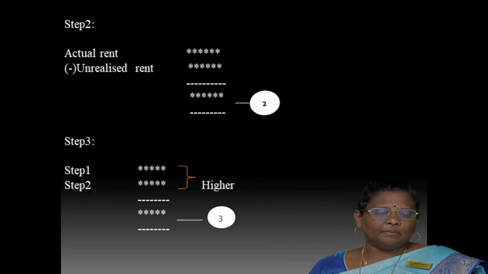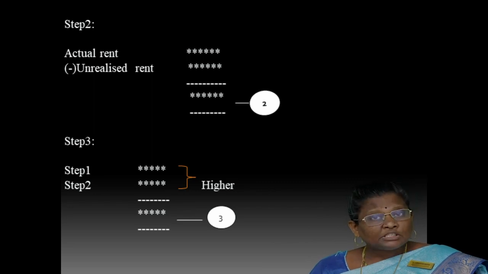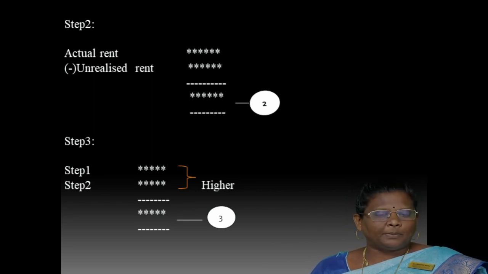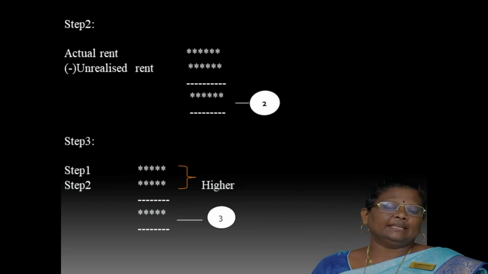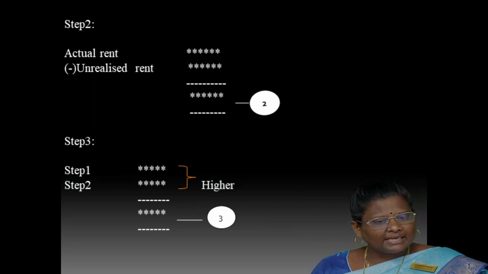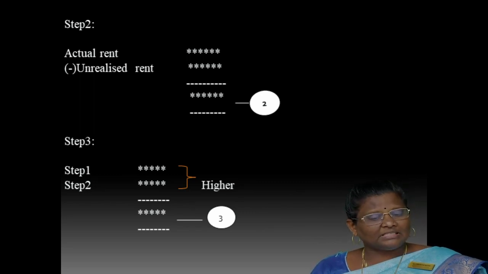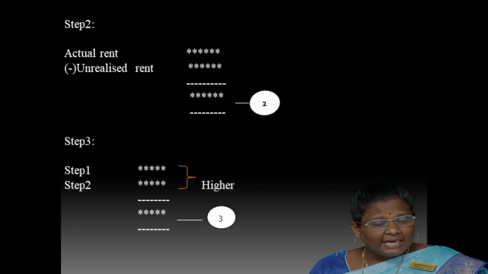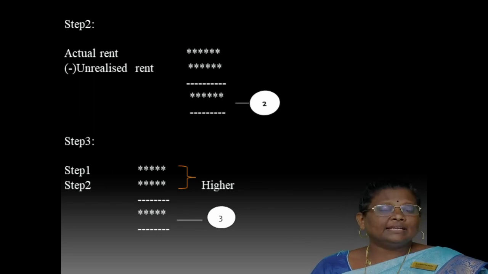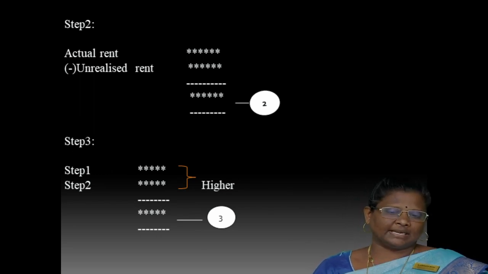Coming to step number 2. The actual rent of the property is taken. From the actual rent, the unrealized rent will be deducted. So, what is unrealized rent? Sometimes the amount will not be received from the tenants. That value will be deducted from the actual rent.